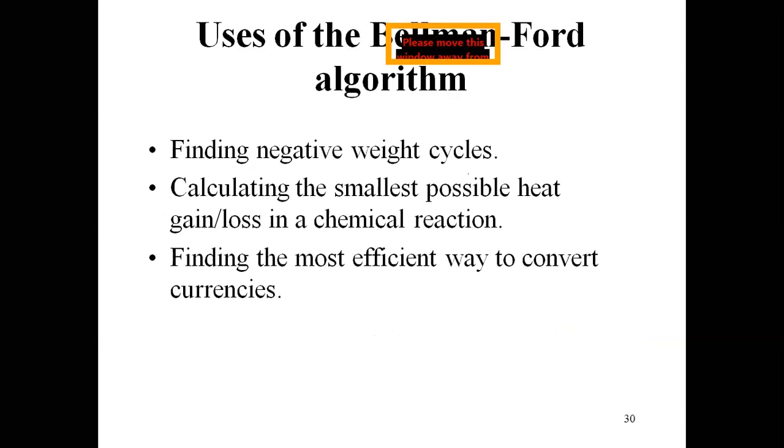So uses of the Bellman-Ford algorithm. What is the advantage? What is the use of this algorithm? Finding negative weight cycles. We can detect the negative weight cycle. Explain with an example. Okay. Calculating the smallest possible heat gain or loss in chemical reactions.